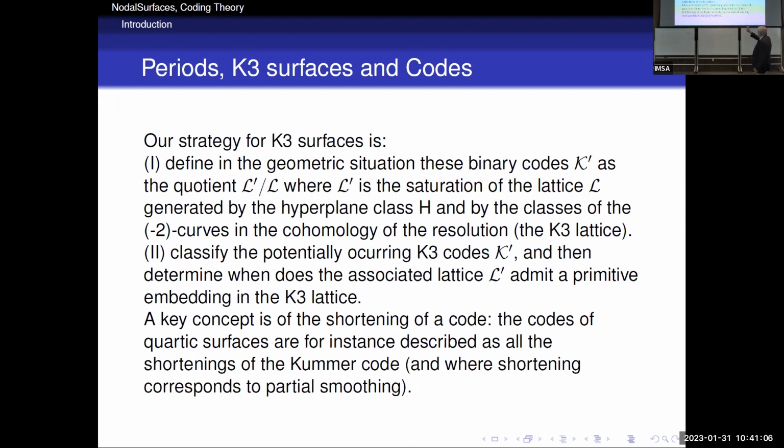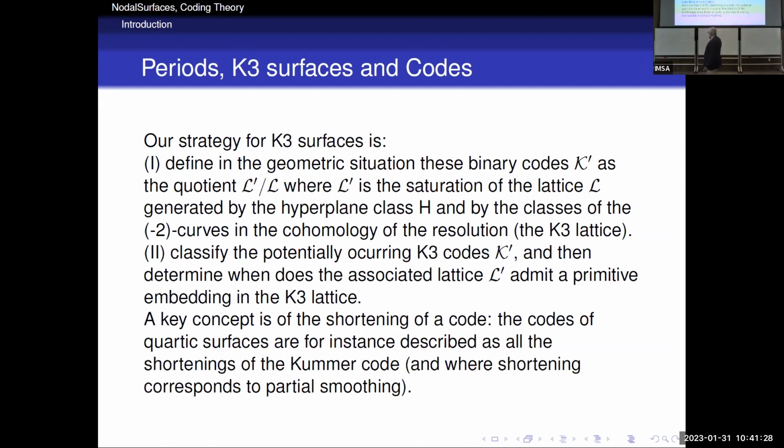So, at a certain moment, to understand these components, the first thing is to do some algebra, some quantity theory, and classify all the possible potentially occurring codes K prime. So we first classify these K primes, these codes.